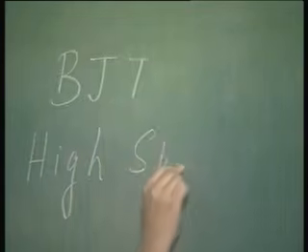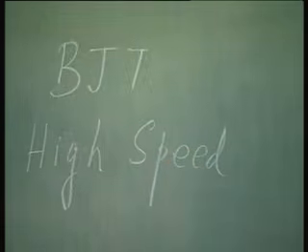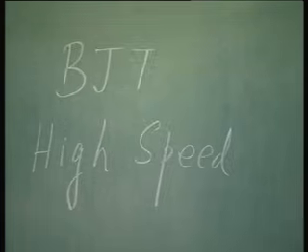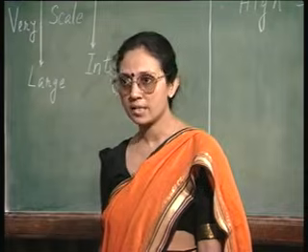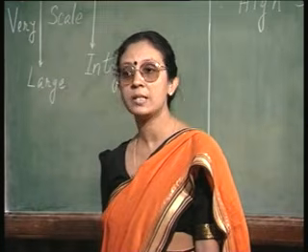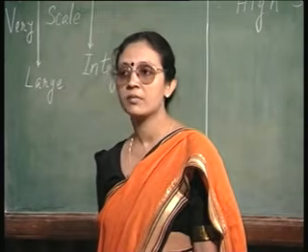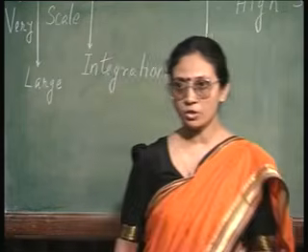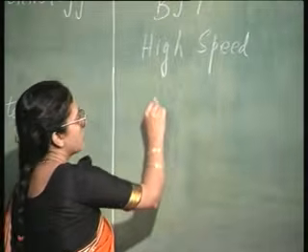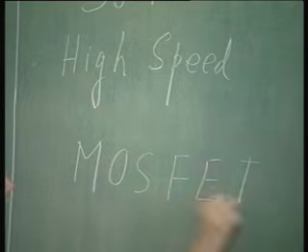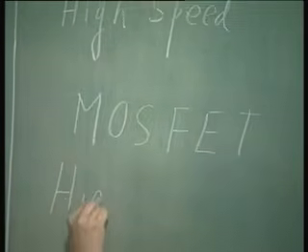And when we talk about very high packing density, we usually talk about MOSFET, like the DRAM chip I just now showed you. This is based on MOSFET technology. 4 megabit DRAM, 4 million transistors in a given area of silicon. So, that is based on field effect transistor, MOS field effect transistor.